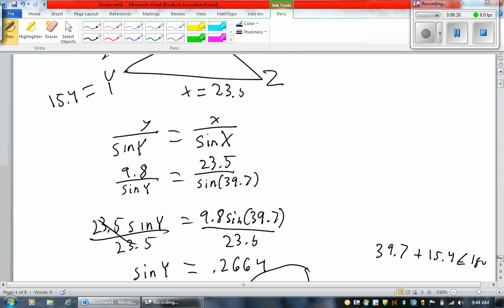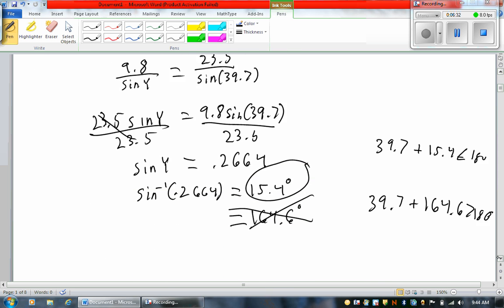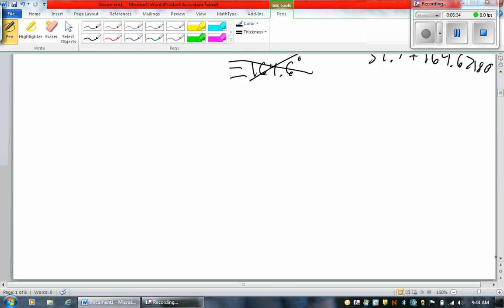Let's solve for angle Z now. To solve for angle Z, we're going to use our law of sines again. This time we're going to use Z's, of course, and I always like to use the given one, sine x over x.